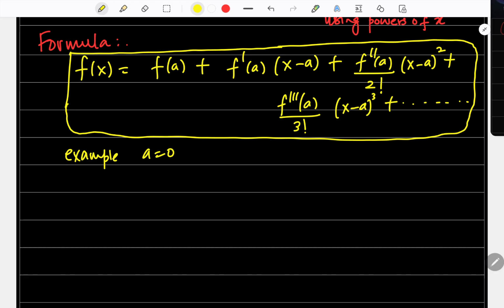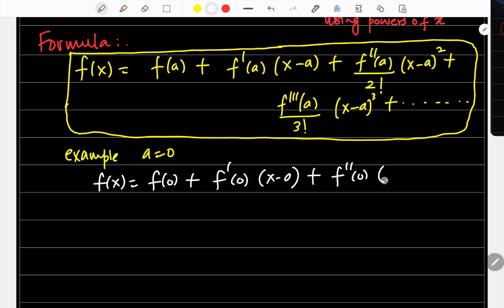Let me take, for example, a is equal to 0. The neighborhood point I am taking as 0. So what happened to your formula? f of x equals f of 0 plus f dash of 0 times x minus 0, right? Yes or no? Right. And then plus f double dash of 0 times x square plus so on, right?